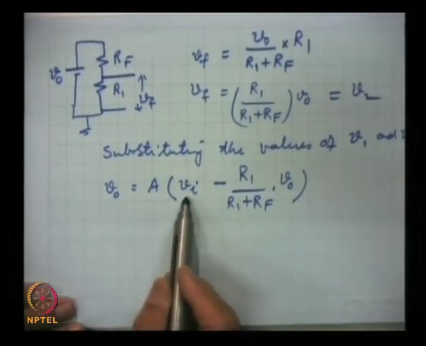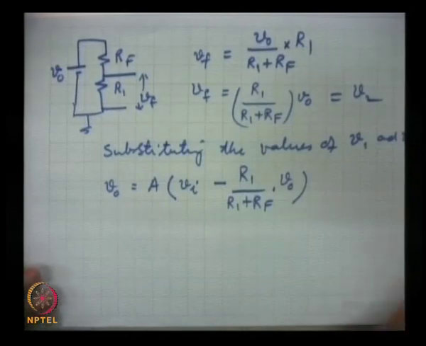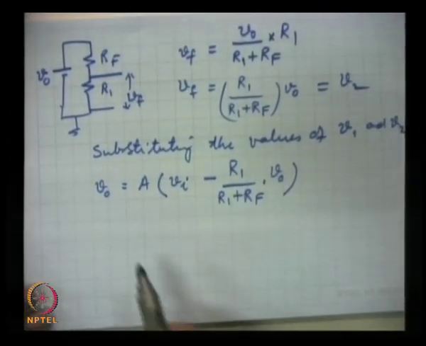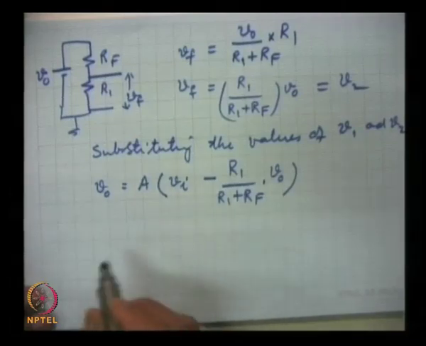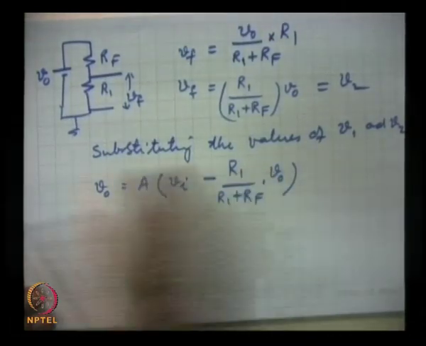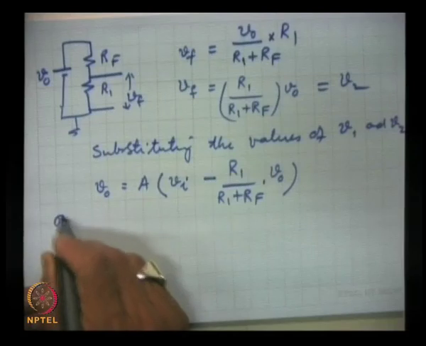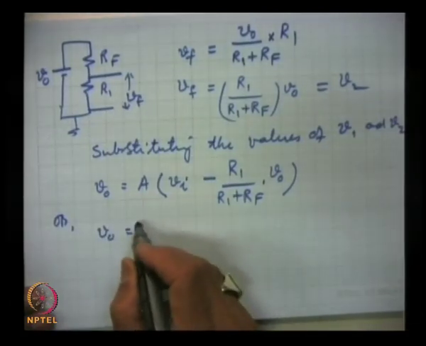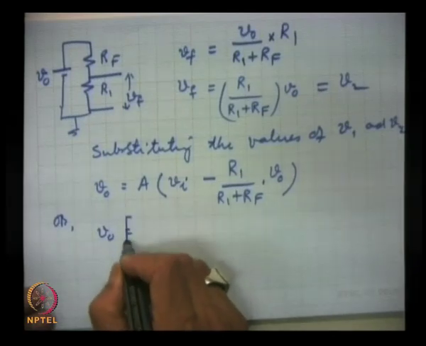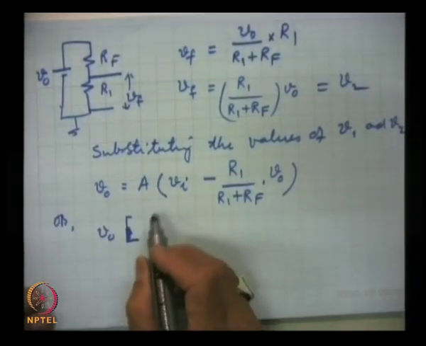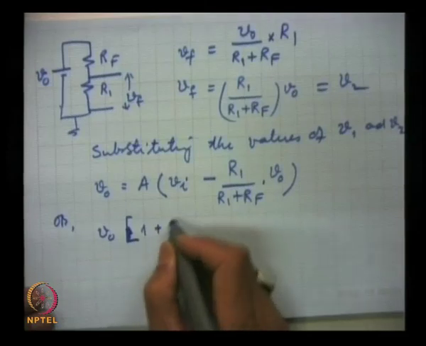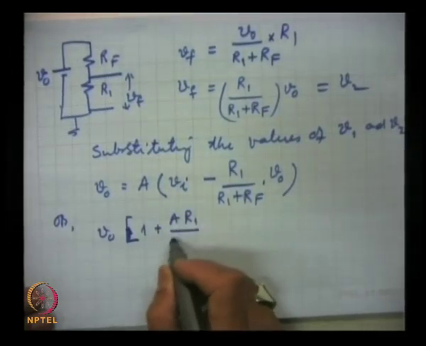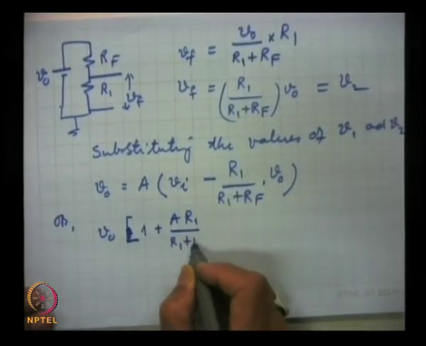We have substituted the values of V1 and V2, and this we can write, or we take this term here, V0 into 1 plus A R1 over R1 plus Rf.